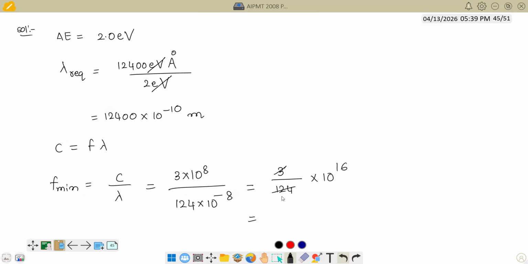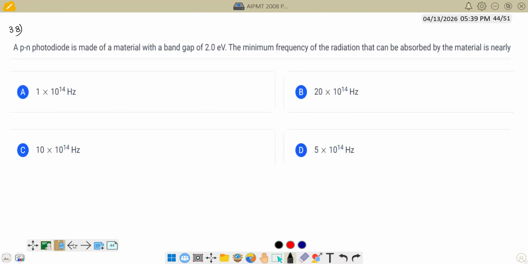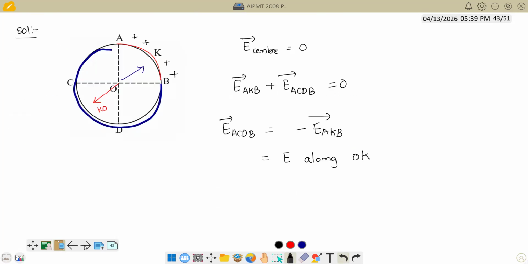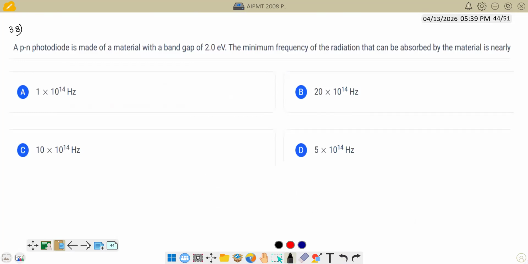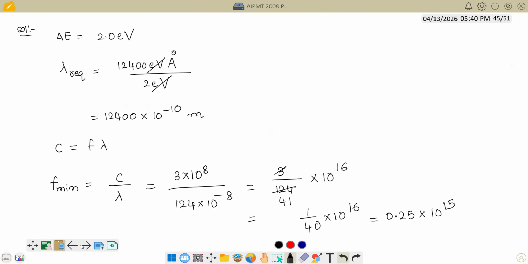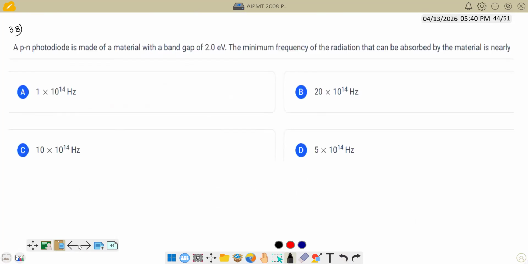Approximately, 1 by 41 is 0.25 into 10 power 15, so we can write 2 into 10 power 14.